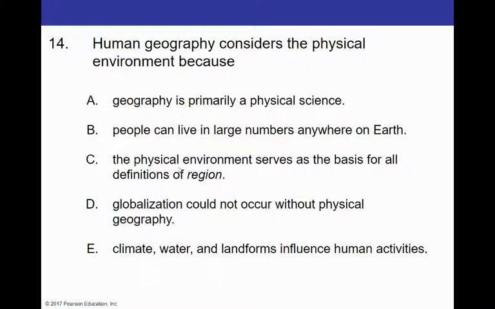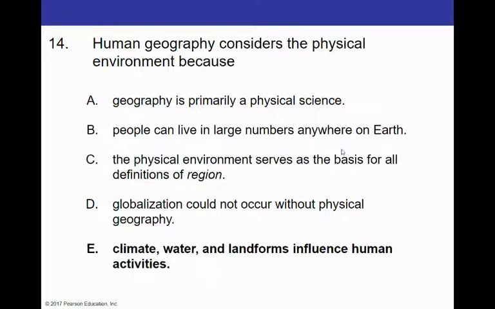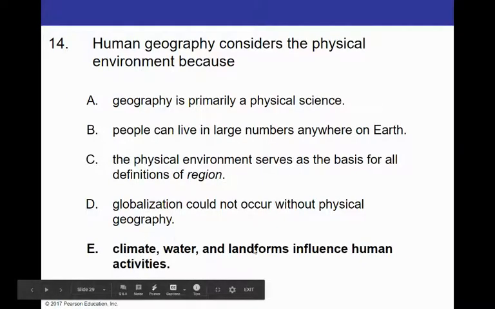C is also out because region is only one aspect of geography. That's not going to be a correct answer. Looking at these, the correct answer is E. Climate, water, and landforms heavily influence human interaction or human activities. So those are physical sciences, the physical environment that dictate our human activities.